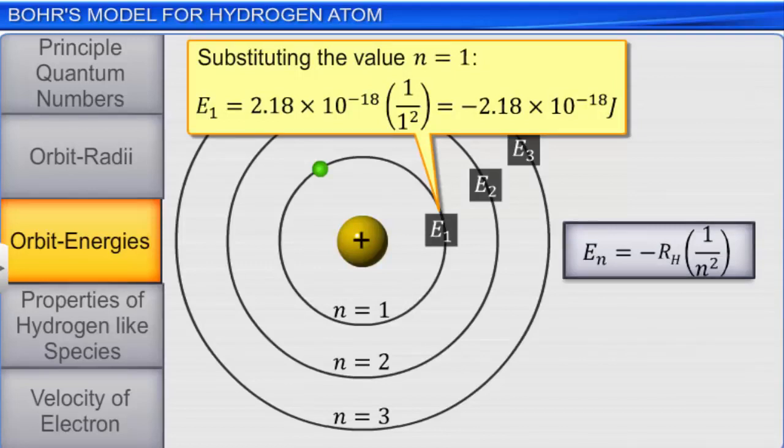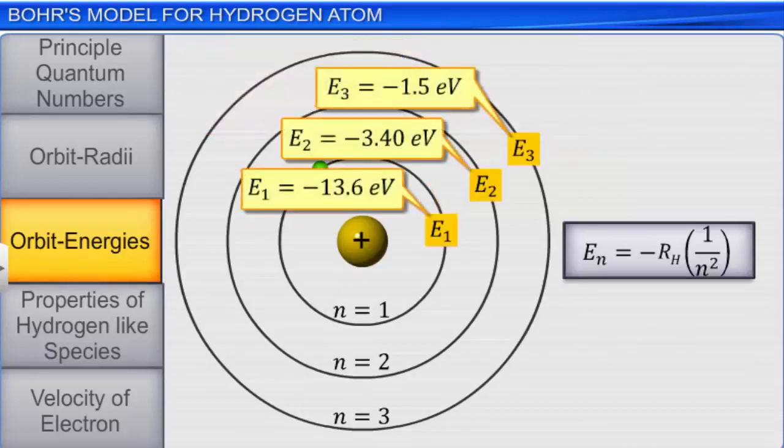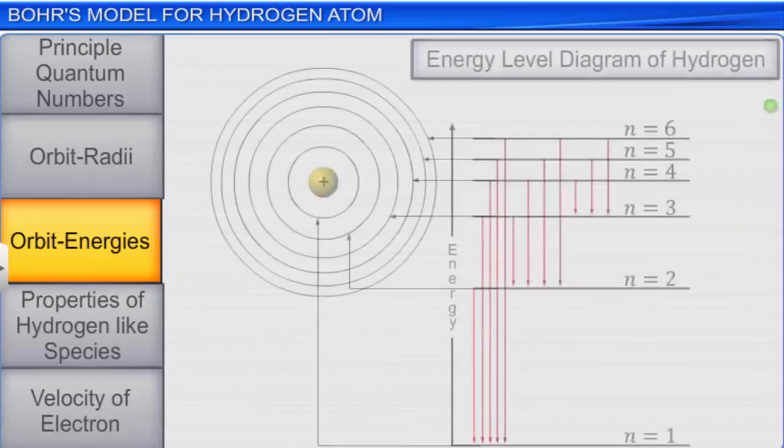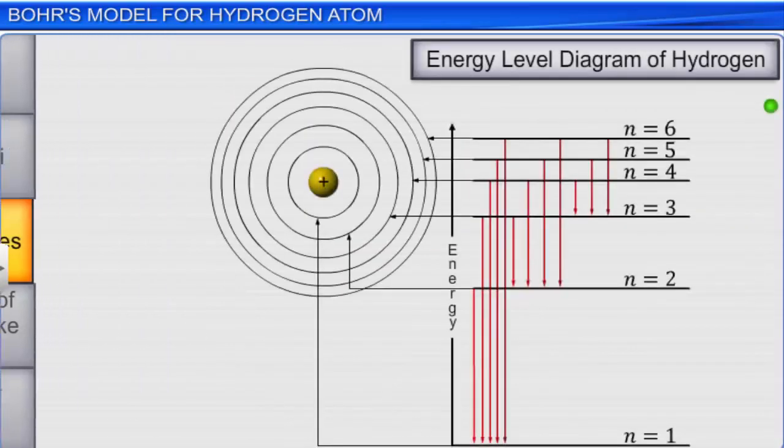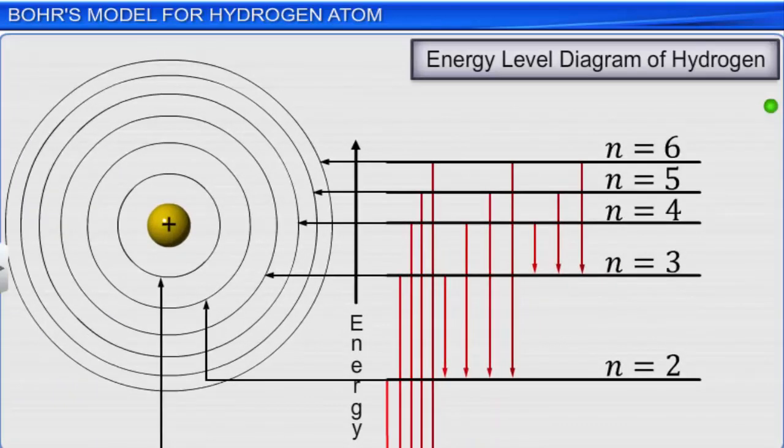The energies of excited states can be measured in the same way and represented in the form of an energy level diagram. Note that the energy of the stationary state, n equal to infinity, is 0. At this energy level, the electron is completely free from the influence of nucleus.